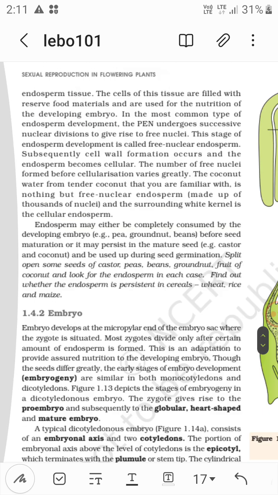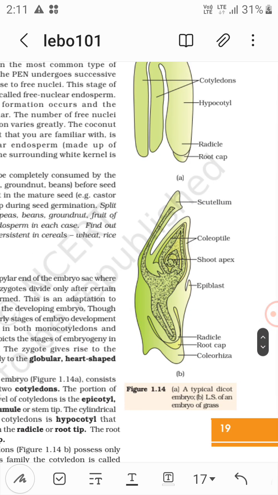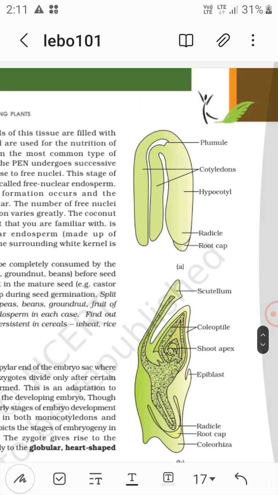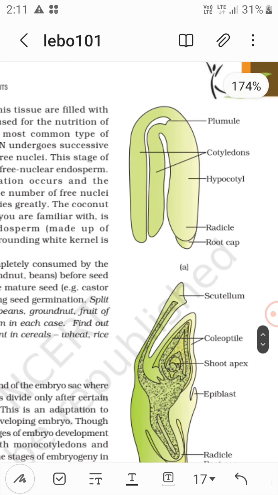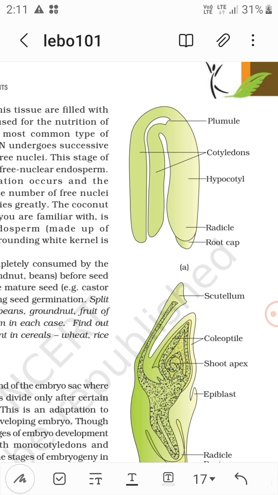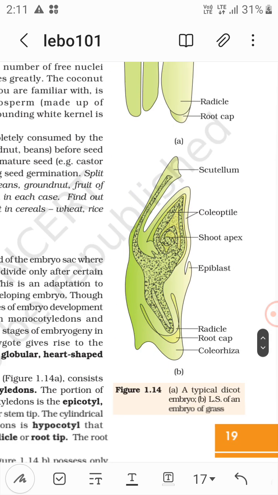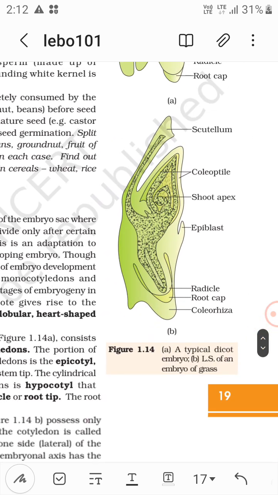Now we are going to study this diagram. In a typical dicot embryo, as you can see, there is a plumule, that is the shoot tip. Above the level of the cotyledon is the epicotyl, below the level of the cotyledon is the hypocotyl, and then the radicle and then the root cap. Then we are looking at the longitudinal section of an embryo of a grass.